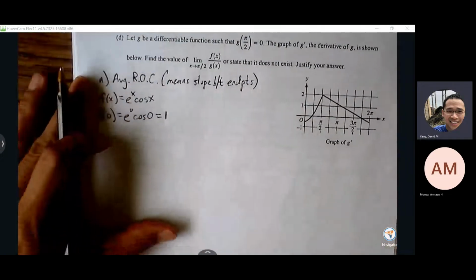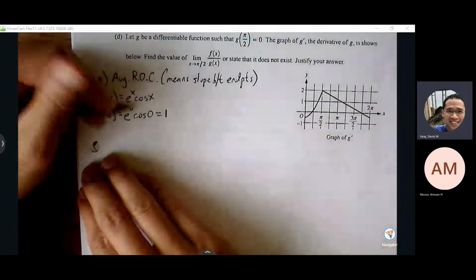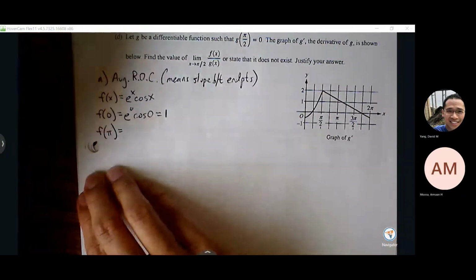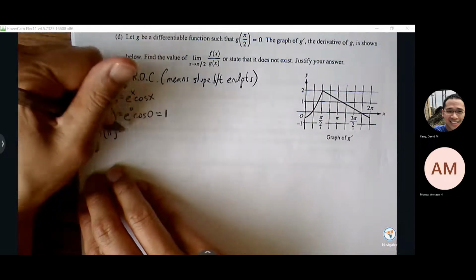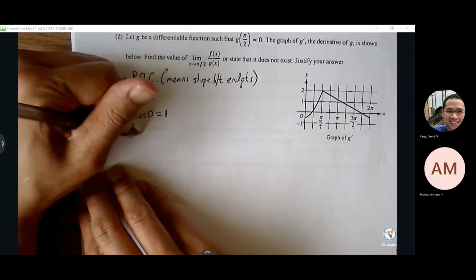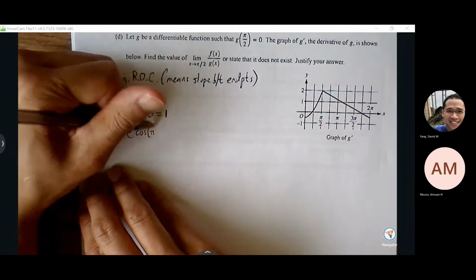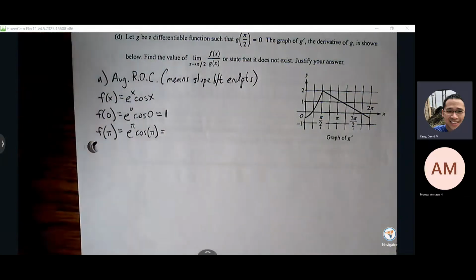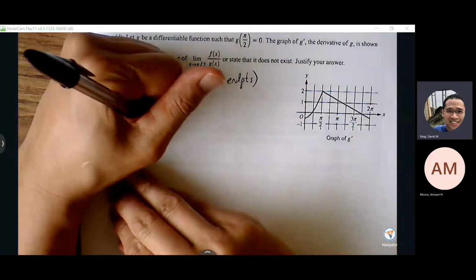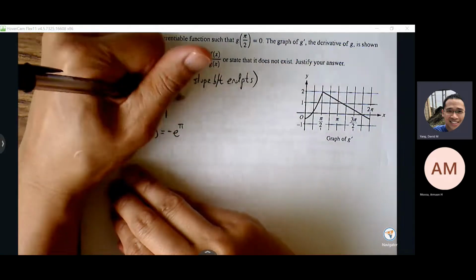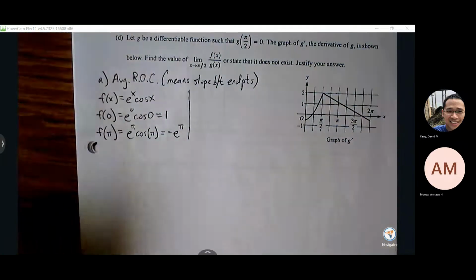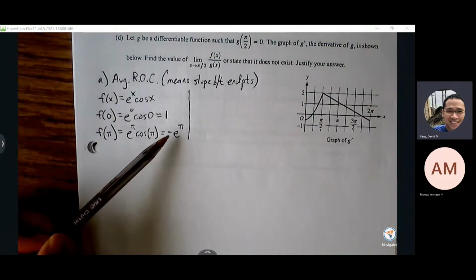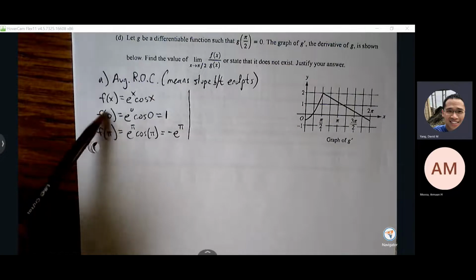Anything raised to 0 power is 1, cosine of 0 is 1. e to the pi will stay as e to the pi. Cosine of pi is -1, so -1 times e to the pi is negative e to the pi. Okay, so now that we have our y values, we can do change in y over the change in x.